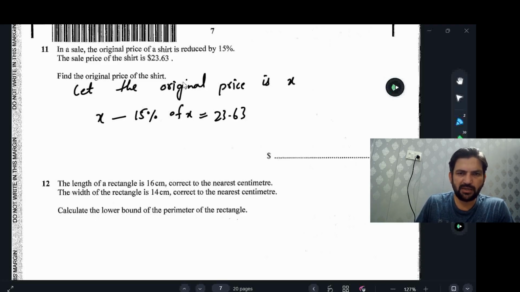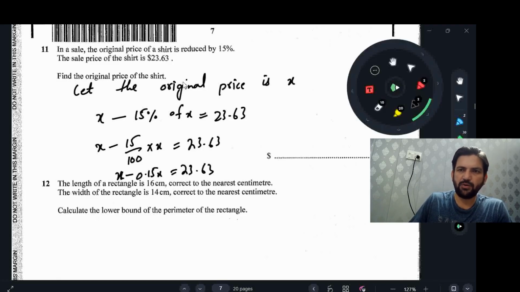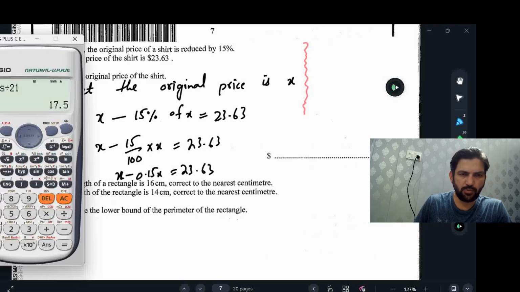Now x minus 0.15x is equal to 23.63. If we simplify it over here, 1 minus 0.15 will be equal to 0.85.